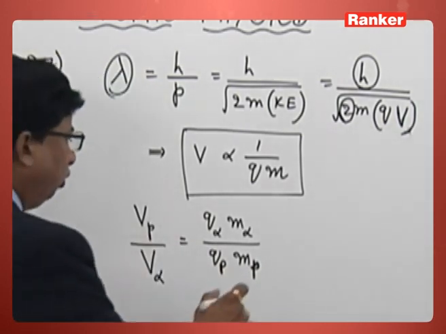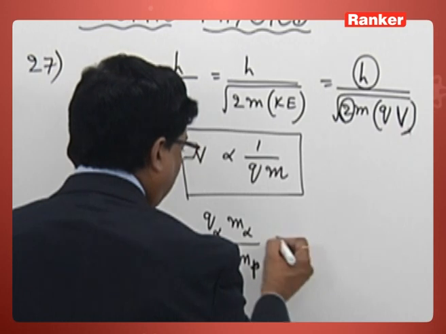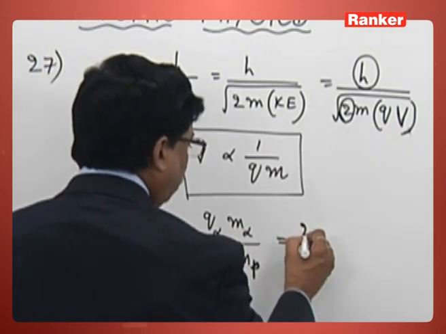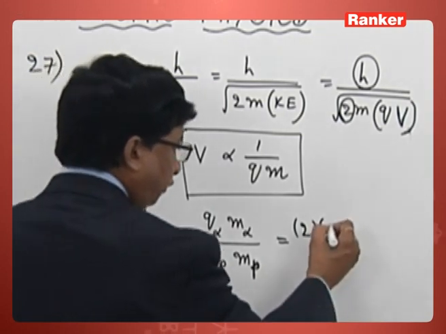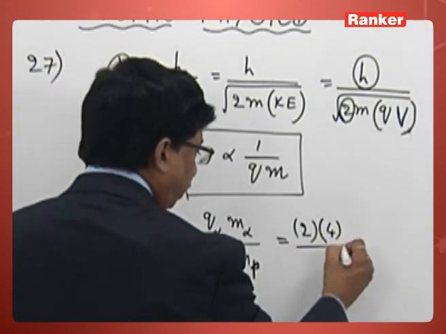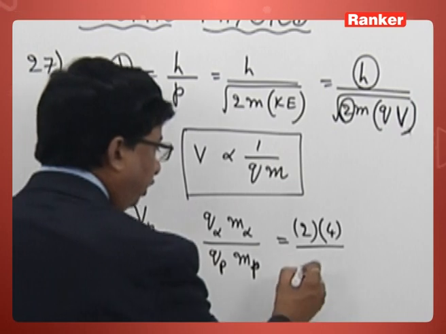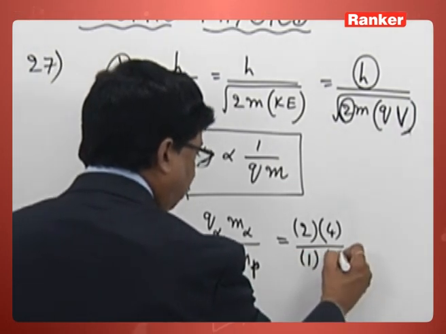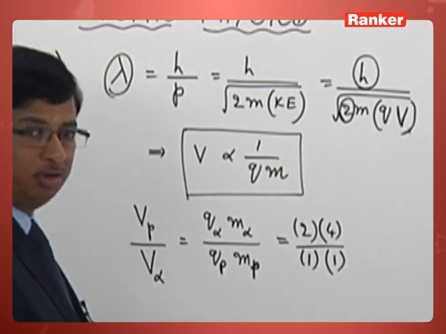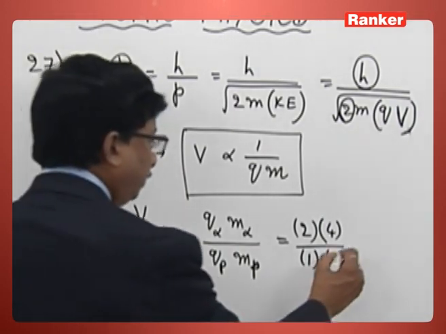But all of us know pretty well, charge on alpha particle is 2 units. Mass of alpha particle is 4 units, divided by charge on proton, which will be taken as 1 unit, and mass also will be taken as 1 unit. So what can we directly write in this case?